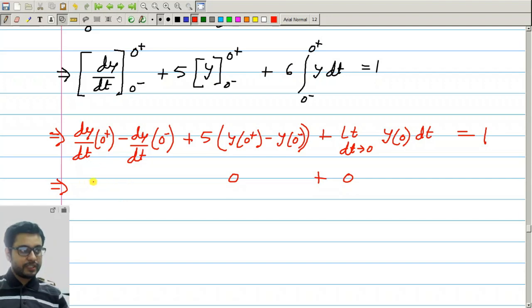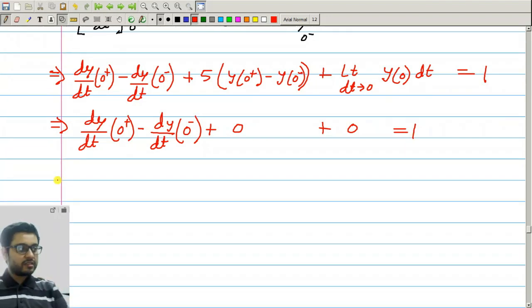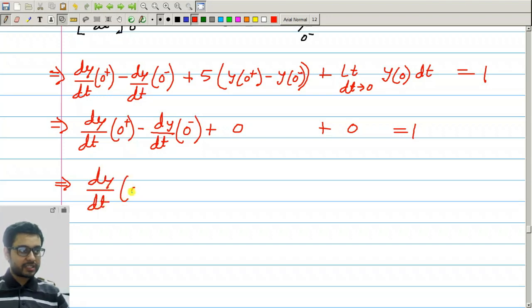So this gives, which means dy dt at 0 plus will be equal to 1 plus dy dt at 0 minus.